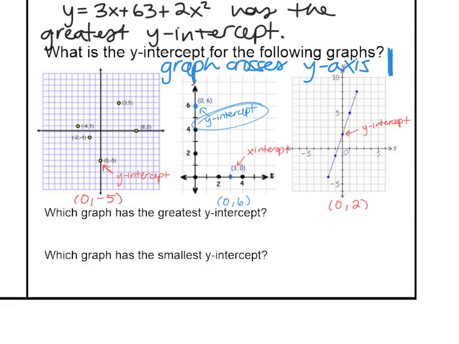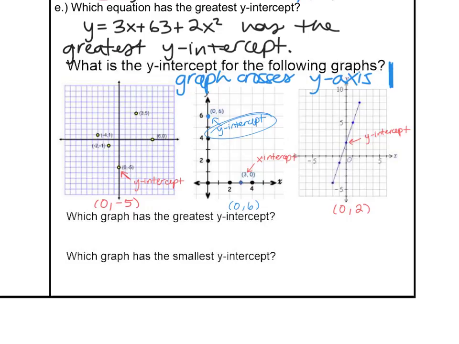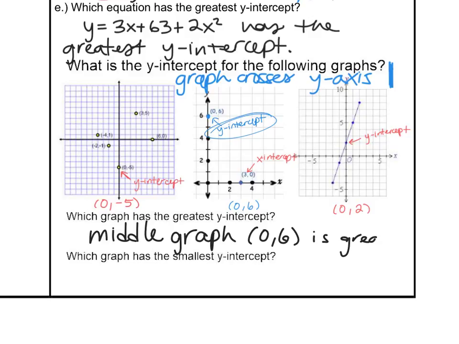So which graph has the greatest y-intercept? We got -5, 6, and 2. The greatest is going to be the middle graph. At 0, 6 is the greatest. And which graph has the smallest?